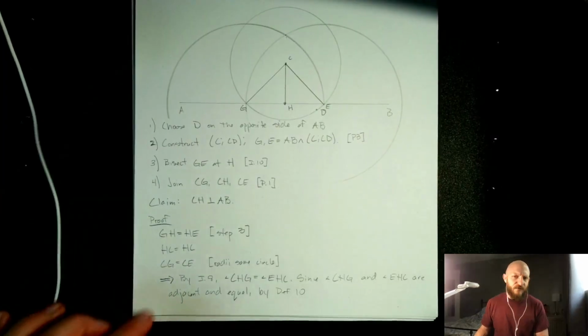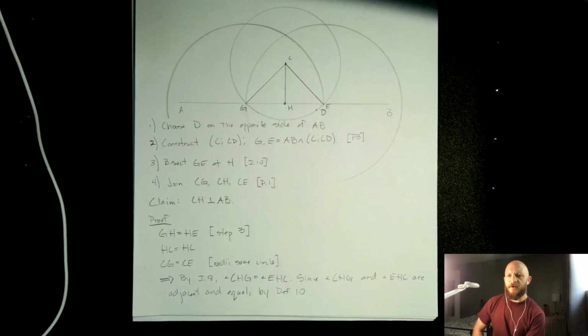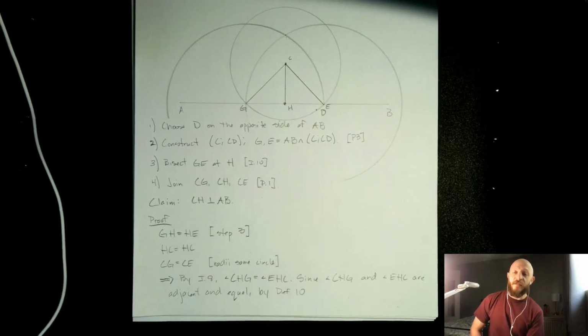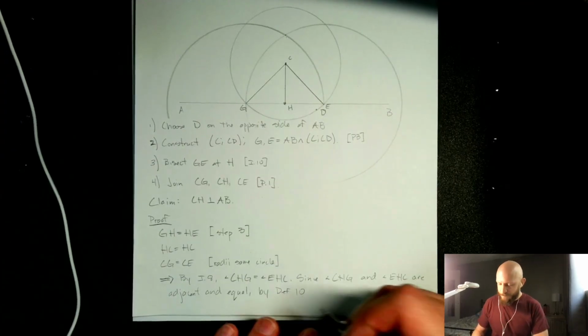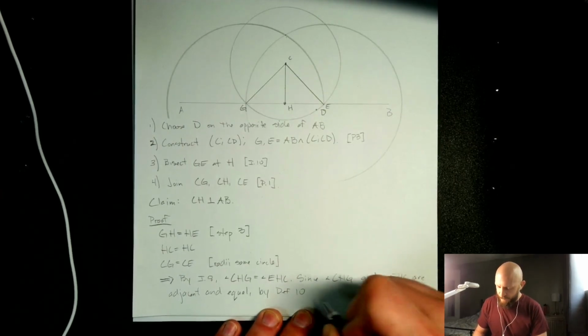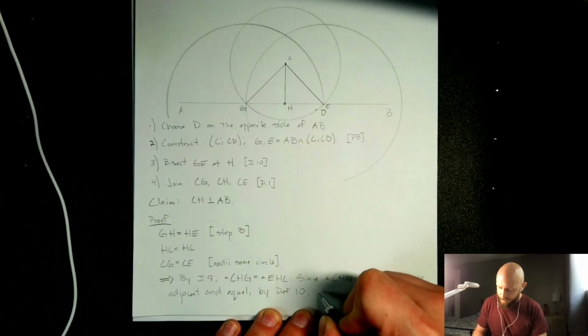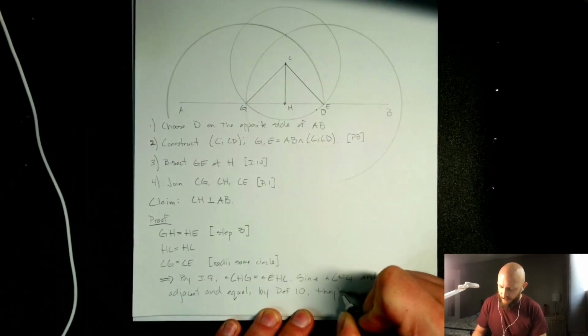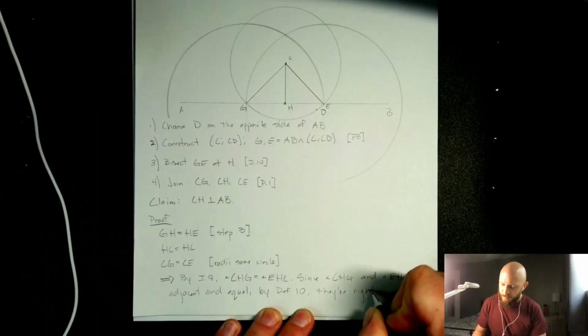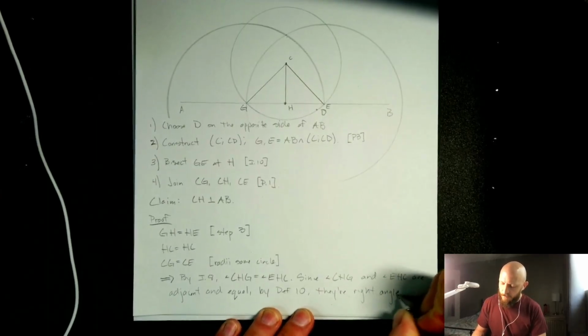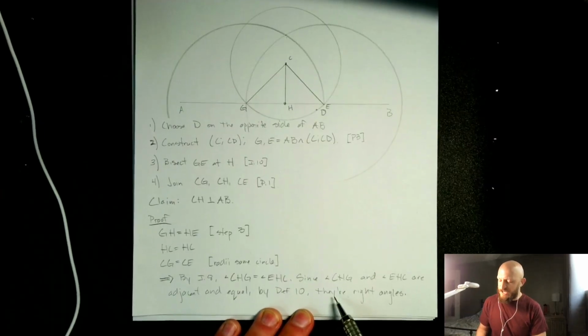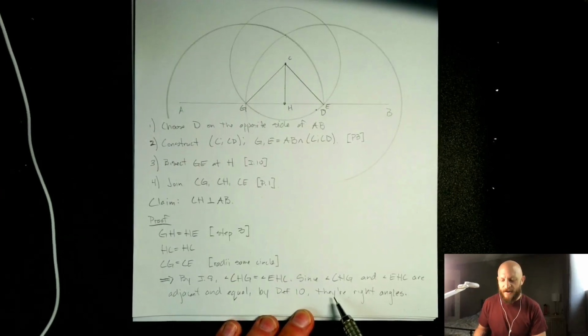Definition 10 says if you have two angles that are adjacent and equal, then those are right angles. By definition 10, I'll just say they are right angles. Probably should be more explicit about which angles. Angles CHG and EHC are right angles.